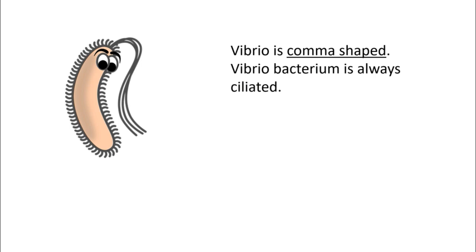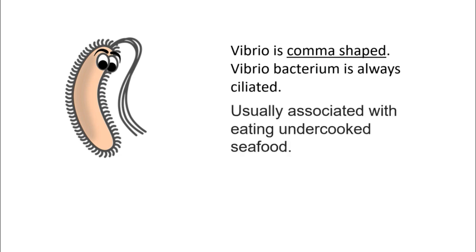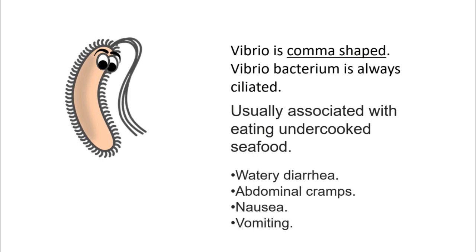It is usually found in uncooked seafood. It is also a pathogen, and when we are affected with this kind of bacteria, we may suffer with stomach disorders such as watery diarrhea, abdominal cramps, nausea and vomiting and so on.